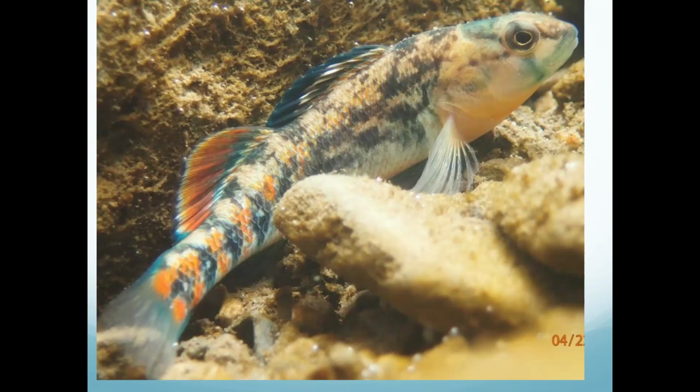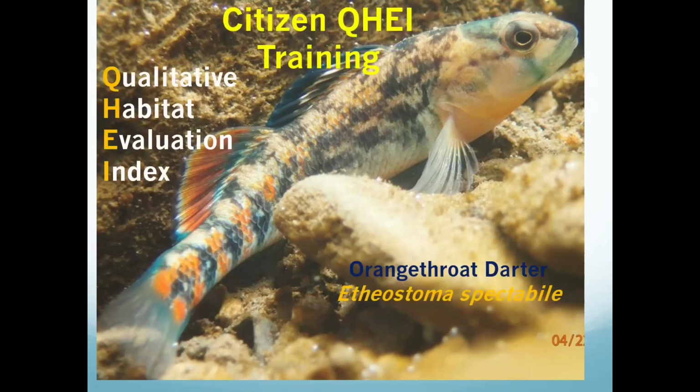We're just going to be giving a snippet of it, and we'll try to be timely with it to keep this to about an hour. Okay, oops, I have some animations there that came in. Obviously habitat's really important to the different biota that live in the streams, like this orange throat darter.